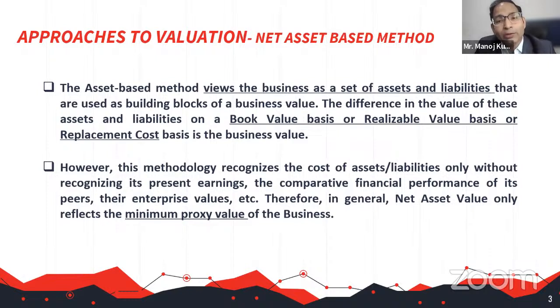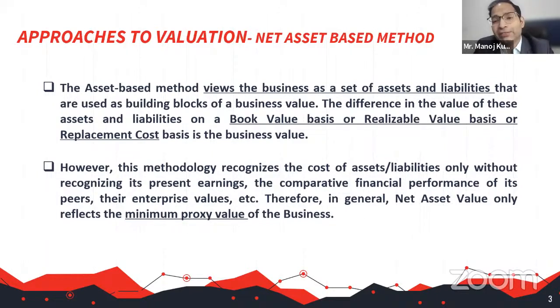So the asset-based approach can be based on the book value, which is the historical value of the assets or liabilities in the books of the company, or it may be based on the realizable value. Here we go for the fair value of the immovable properties, investments, etc., which can have a different value than the amount outstanding in the books of the company.